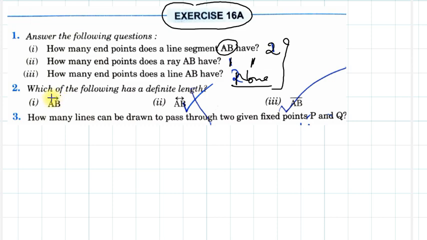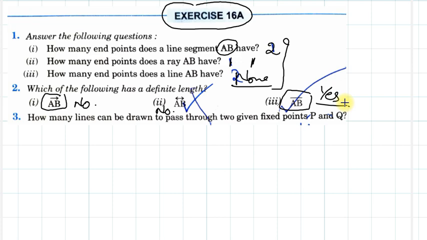No, because it is endless. So this answer here is no. Its both ends are endless, so this answer here is also no. And this is a line segment without arrows, so this answer is yes, as it has a definite length.